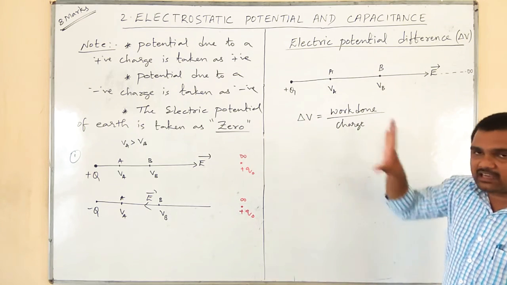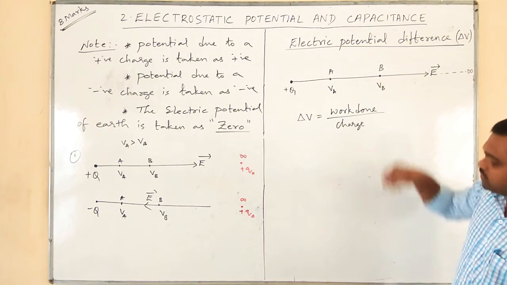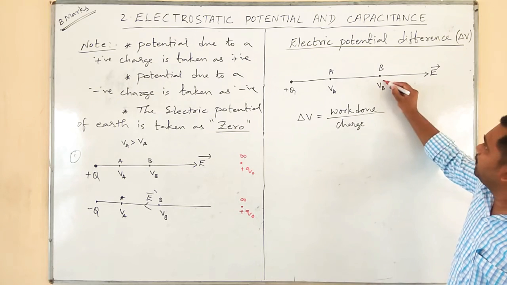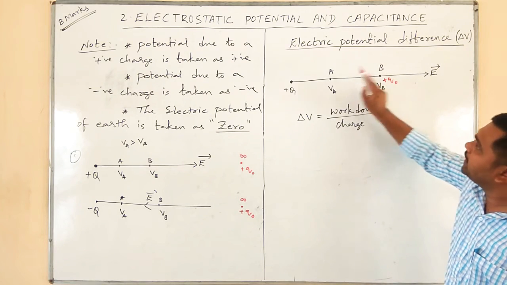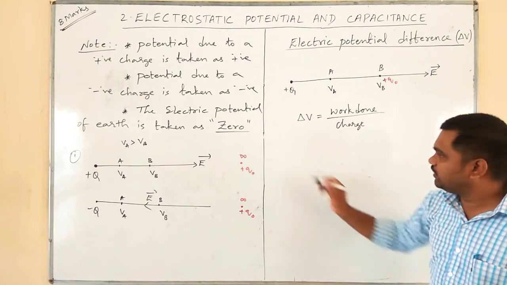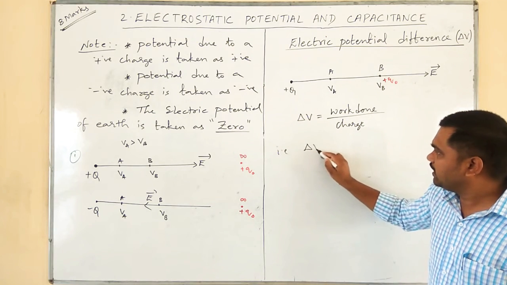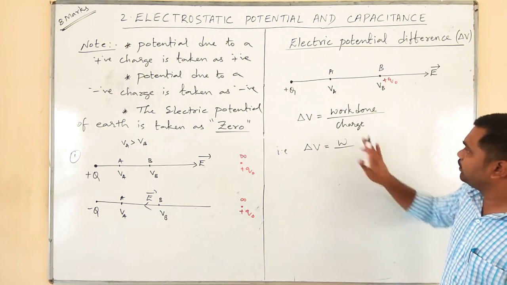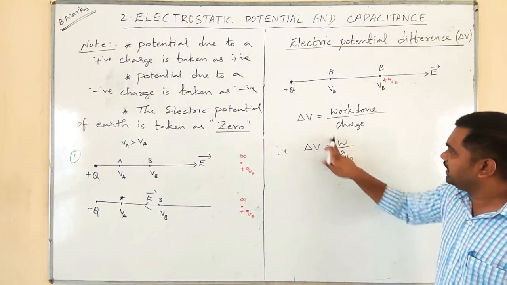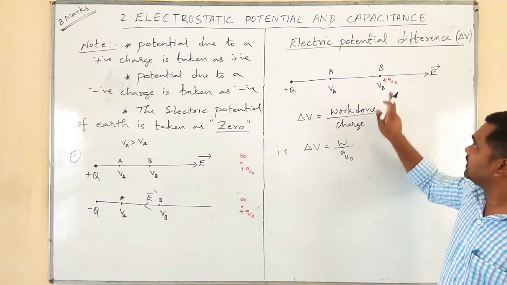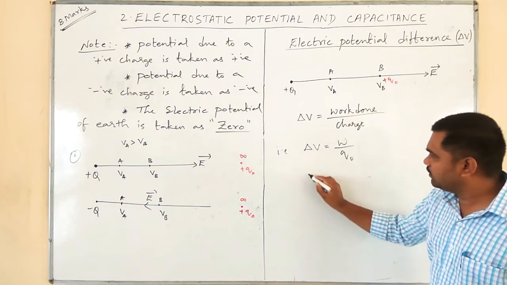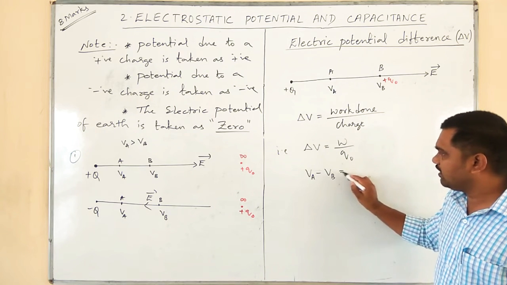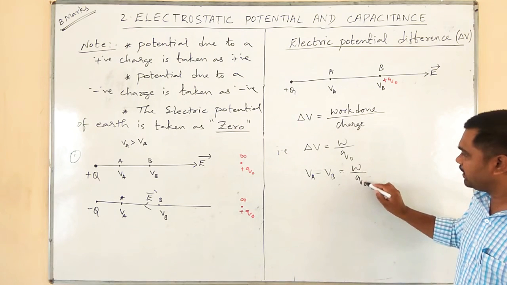Now my intention is to bring a unit positive test charge from this point B to A. Now the potential difference will become delta V is equal to, I am doing some amount of work, that is W, charge is Q naught, simply W divided by Q naught I will take. Here the potential is more, therefore I will take more potential minus less potential is equal to W divided by Q naught.